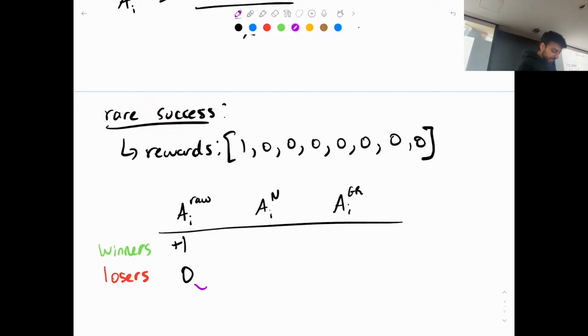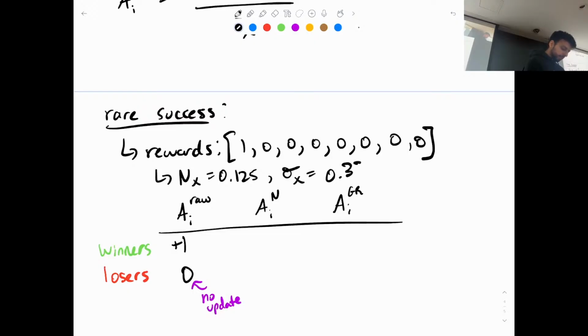So this means that we don't actually do any update for any of these losing samples, right? So their advantage is 0. We do not adjust their probabilities down as a result. This is obviously undesirable, right? All 7 of these losing rollouts were incorrect, and we want to lower their probabilities for the next time around. So if we do mean centering, here the mean of this group is 1/8, so 0.125. And the standard deviation is 0.33.